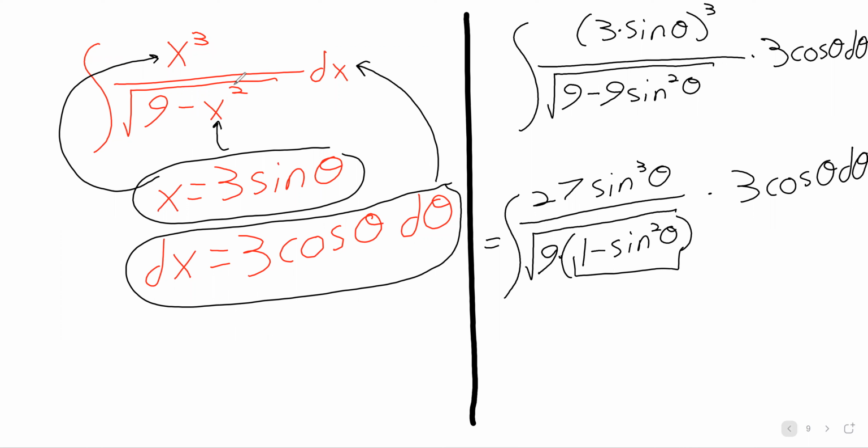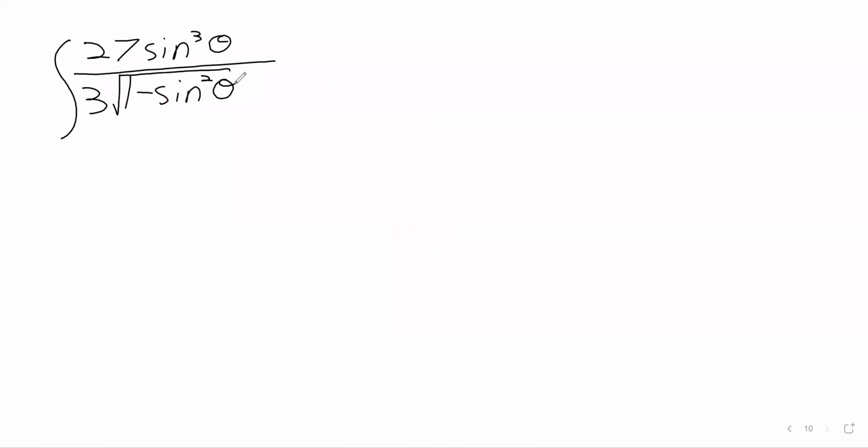And then we've got 3 times the cosine of theta d theta.